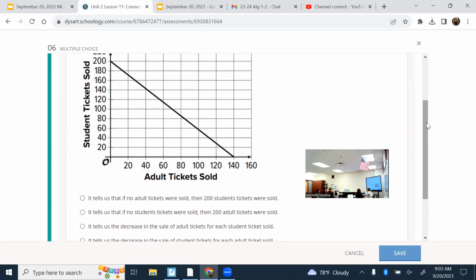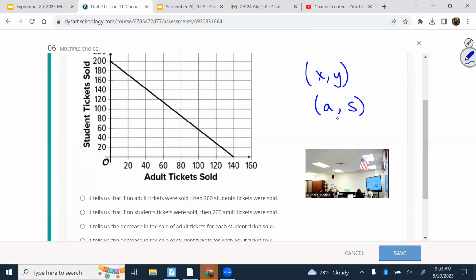So look at your axes. What is on the x-axis? Adults or students? Adults. So remember, coordinates always go in the order x, y. So if adults is on the x, then that's going to come first, and students are on the y.